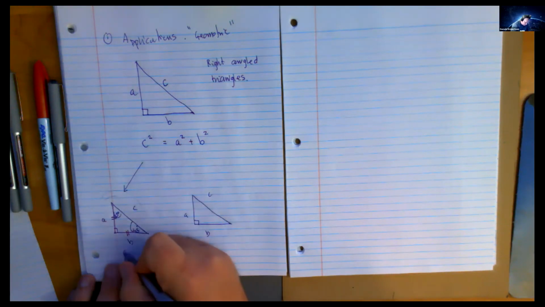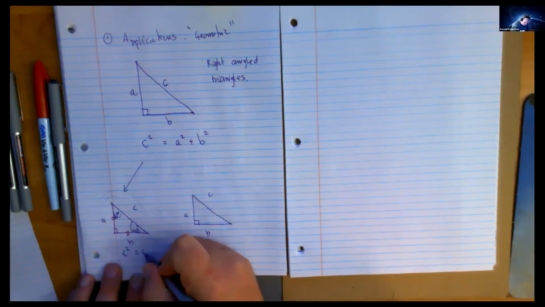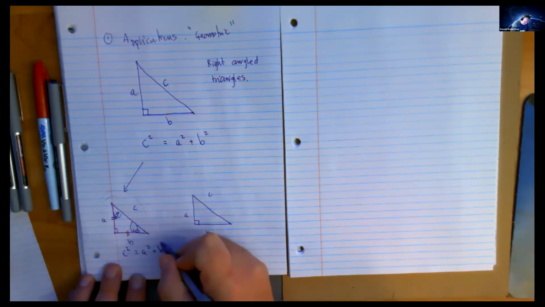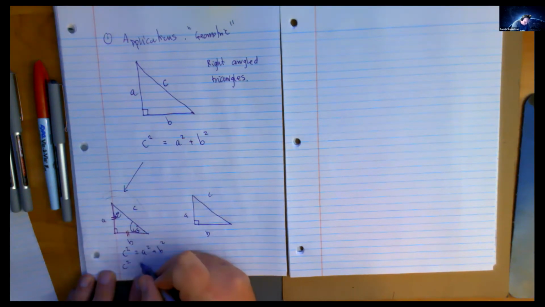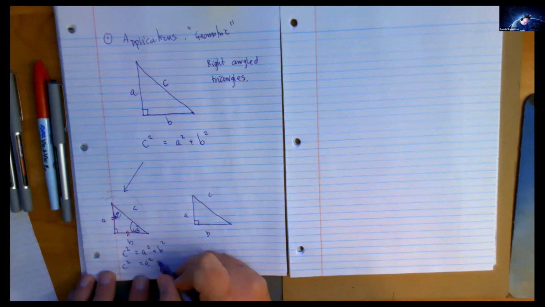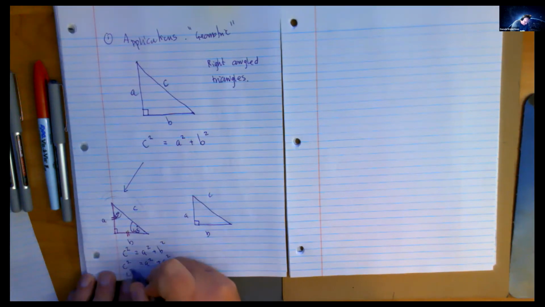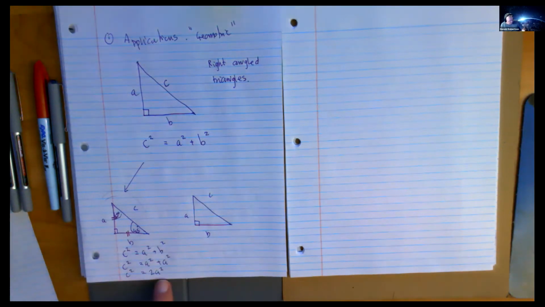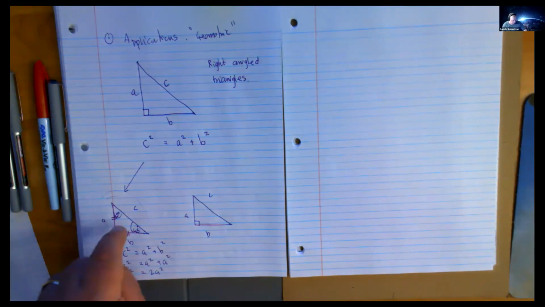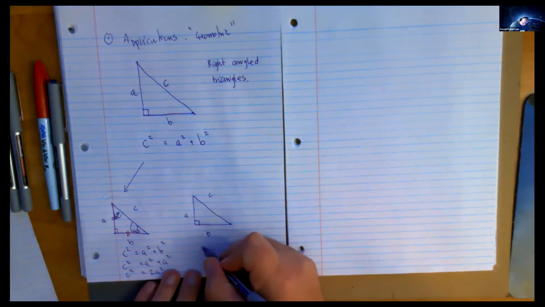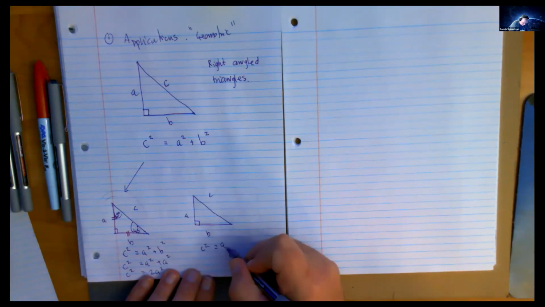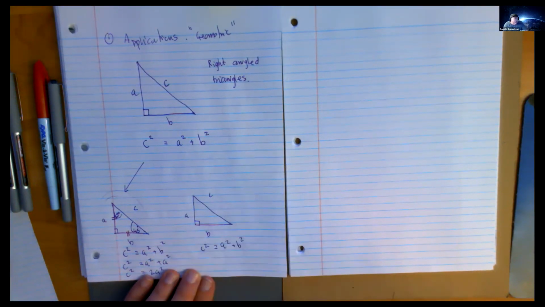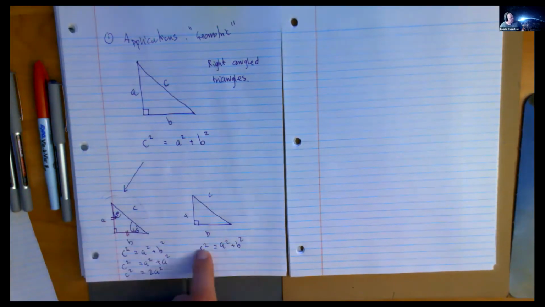So it starts off as C squared equals A squared plus B squared. And then it's going to turn into A squared plus another A squared. And then it's going to turn into that guy. And we're going to use that fella to solve these triangles. And we're going to use this fella to solve these triangles.